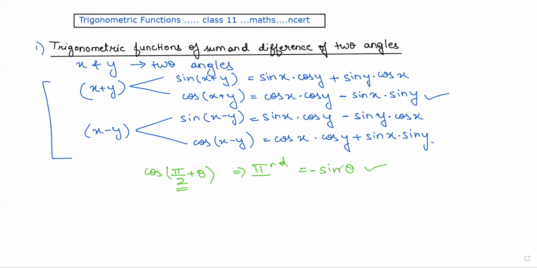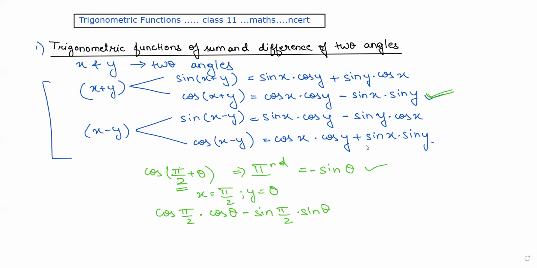Now, let's see if we get the same result using the formula. Cos of first angle plus second angle. So here your x is equal to pi by 2 and y is equal to theta. Putting it in this formula, cos of x plus y, your RHS is cos of first angle into cos of second angle minus sine of first angle into sine of second angle.